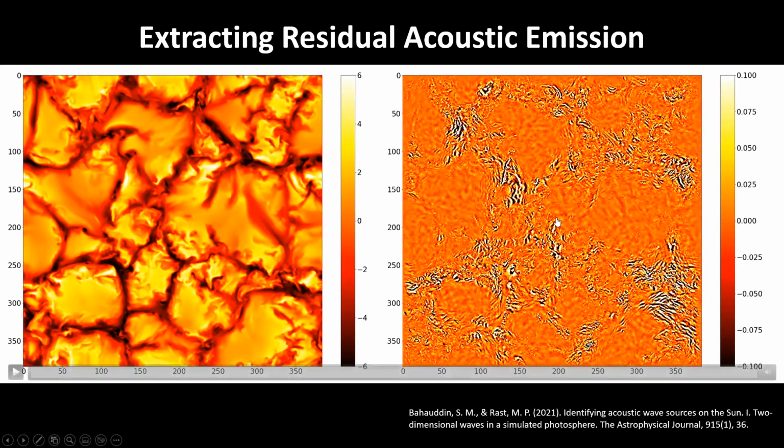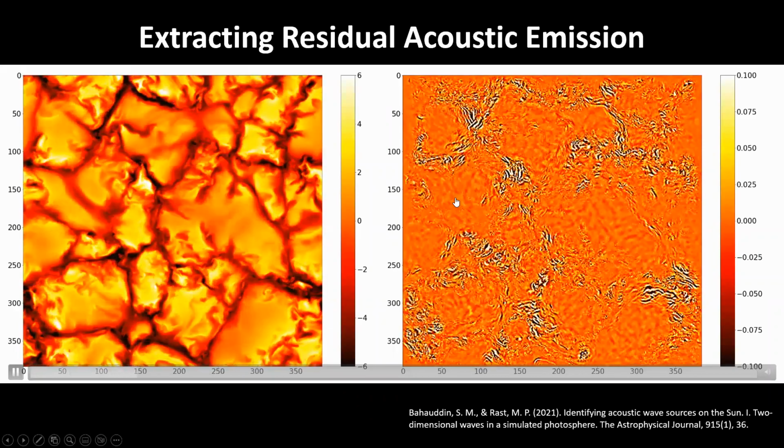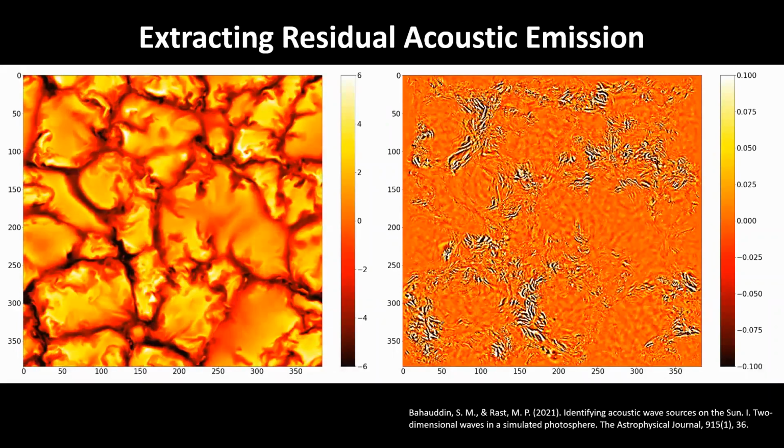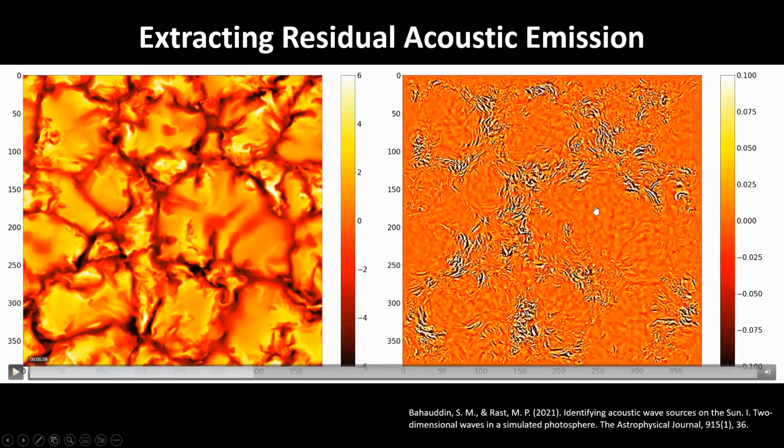And on the right is the filtered velocity, or what we call the residual velocity, that are moving at the speed of sound, right? So if we run this, we can see that the solar surface is actually full of all sorts of acoustic emissions.